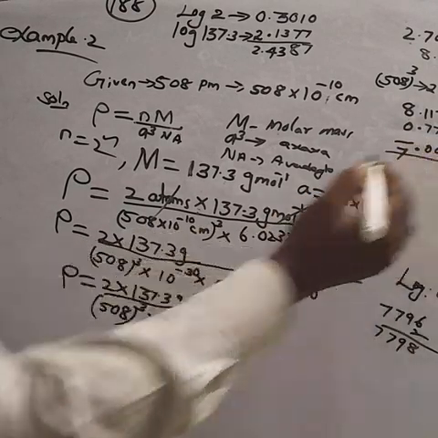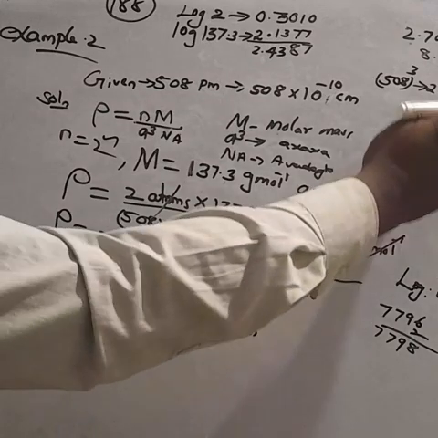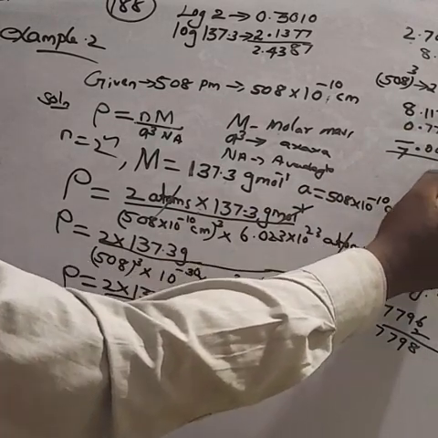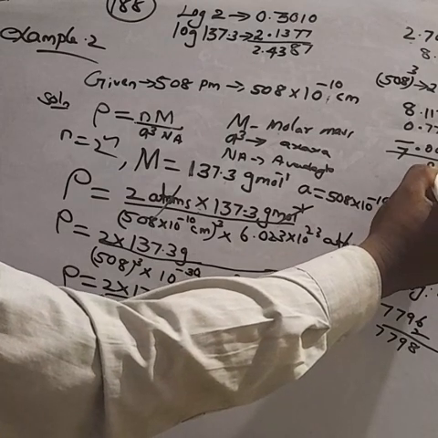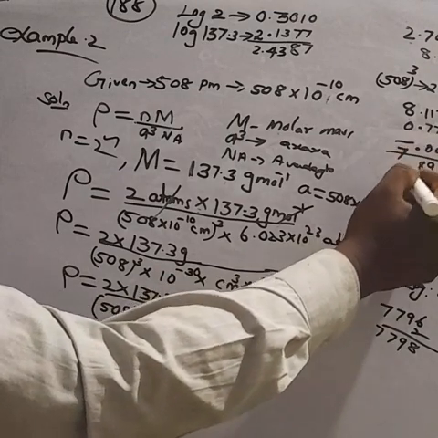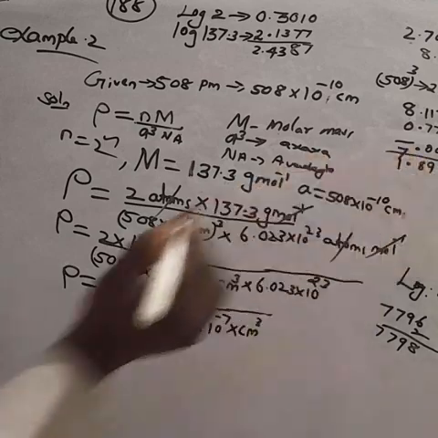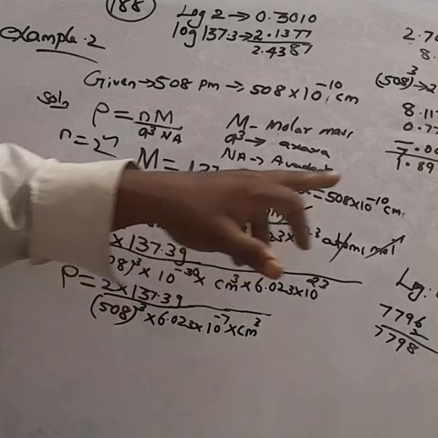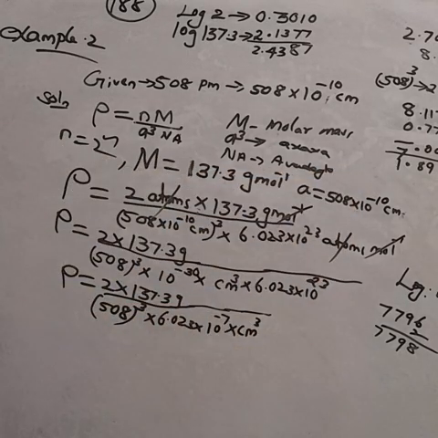We can write 8 plus 7 is 15. Next we write 7, 9, 8. 8 minus 7 becomes 1. We get the value 1.8975. What's the value here? 1.8975. Okay, this is the denominator.